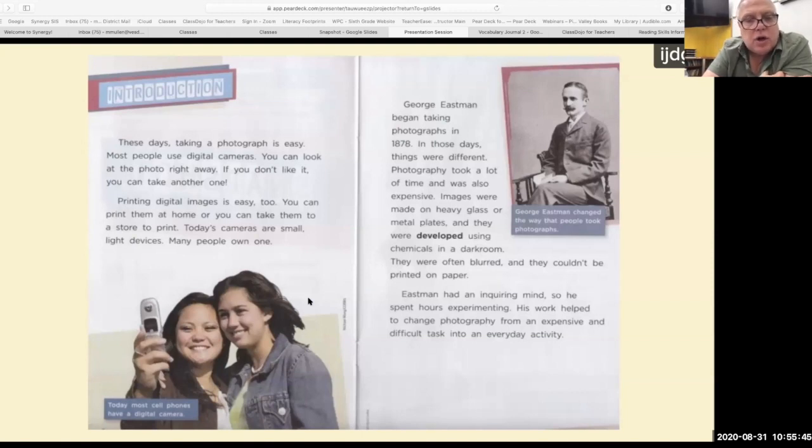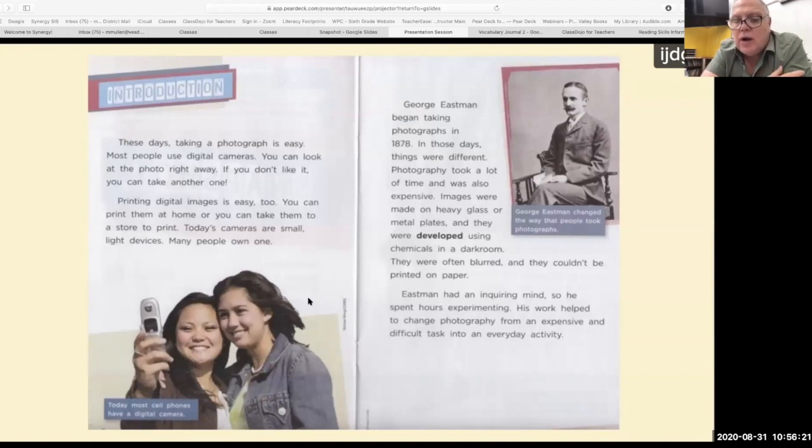Today's cameras are different from those of 1878. In those days, things were different. Photography took a lot of time and was also expensive. Images were made on heavy glass or metal plates, and they were developed using chemicals in a dark room. They were often blurred, and they could not be printed on paper.